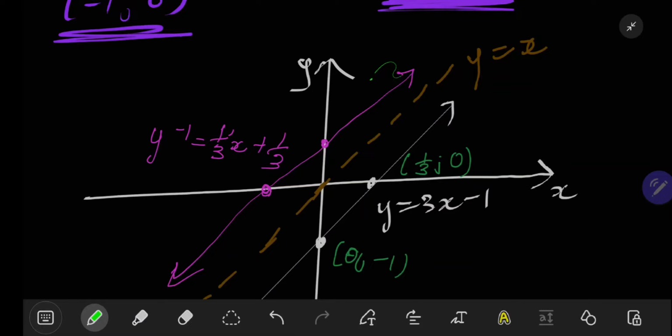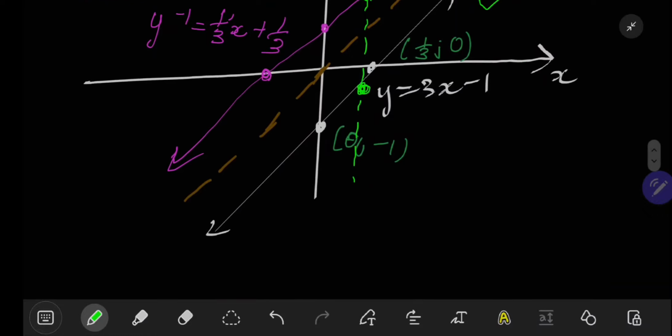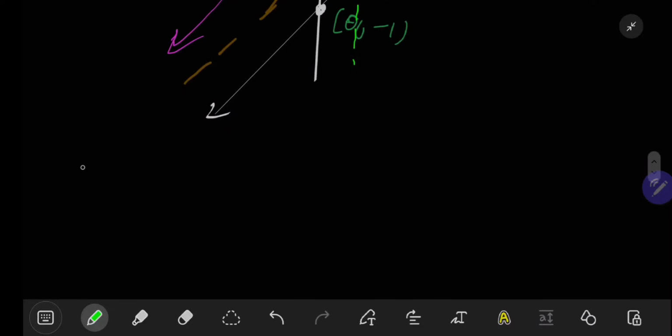Let me do a vertical line test quickly. It touches our original graph once. It also touches the inverse once. So this one is a function, and this one is also a function. So the inverse of a straight line graph is also a function. Then we can move to the parabola.